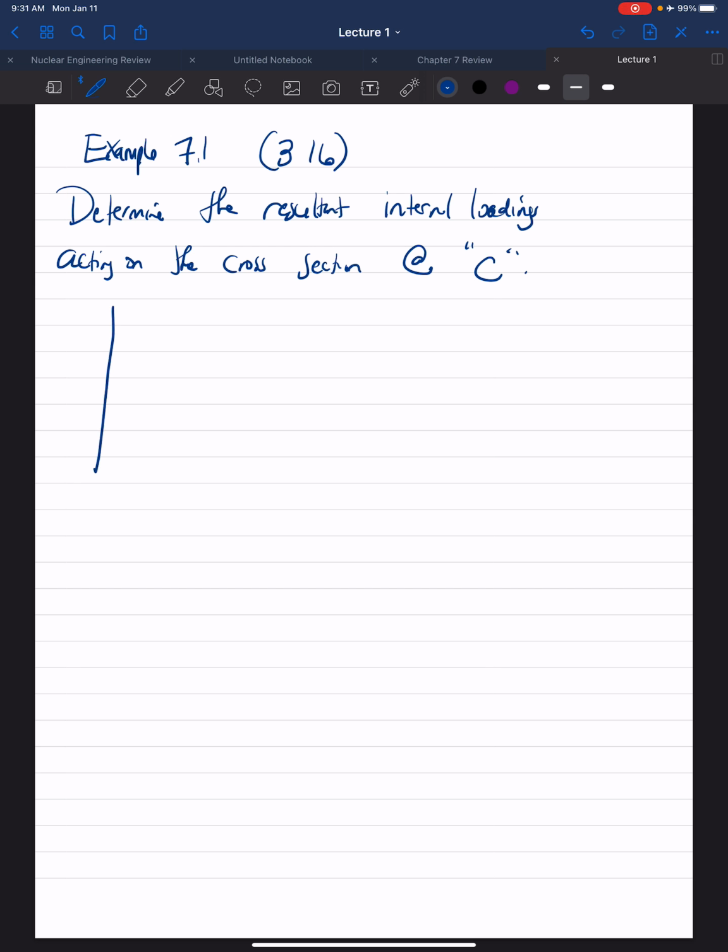So just to reproduce, we have a beam which is supported here at A. We have a distributed loading.